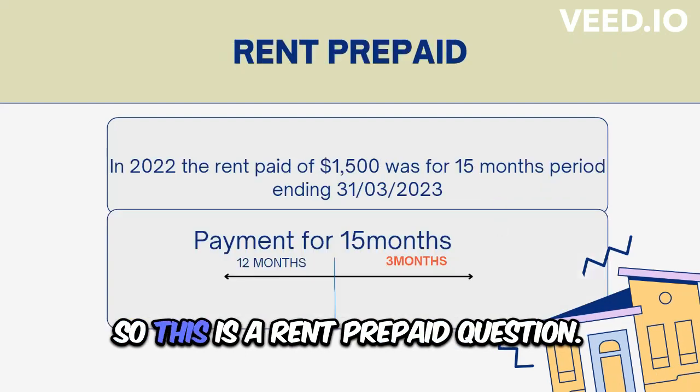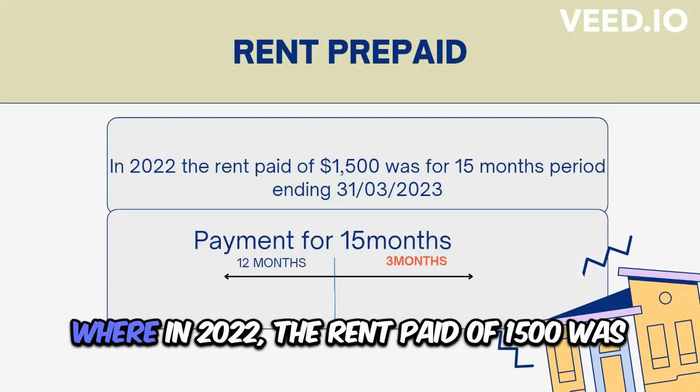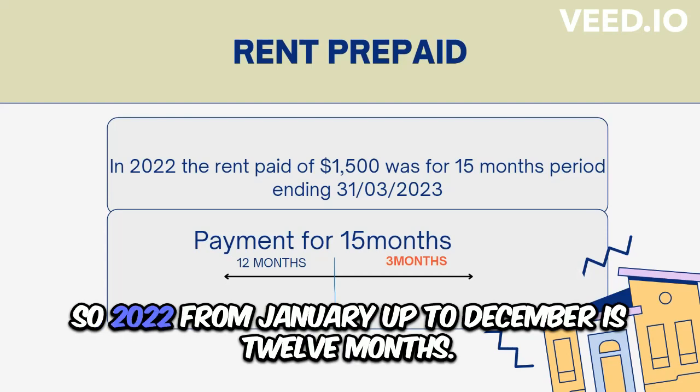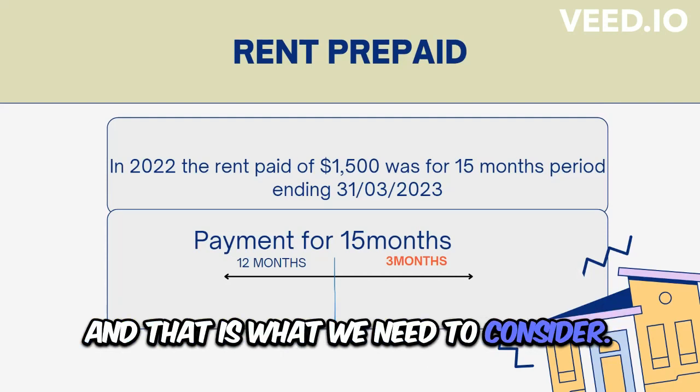Okay, so this is a rent prepaid question where in 2022, the rent paid of 1,500 was for a 15 months period ending 31st March 2023. So 2022 from January up to December is 12 months, and that is what we need to consider.